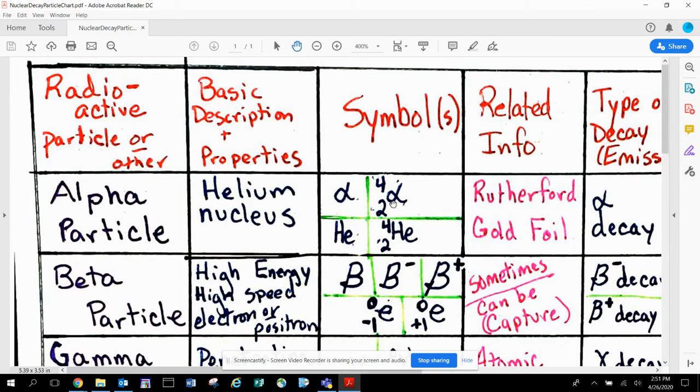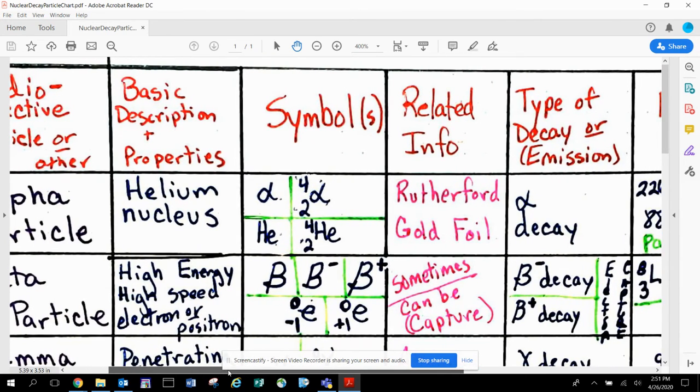Or you can have an alpha with a 2 down here for the 2 positive charges and a 4 up here for the 4 nucleons. So 2 positive charges, that's 2 protons, and then it has 2 more neutrons. So 4 nucleons, 2 of them protons, 2 of them neutrons.